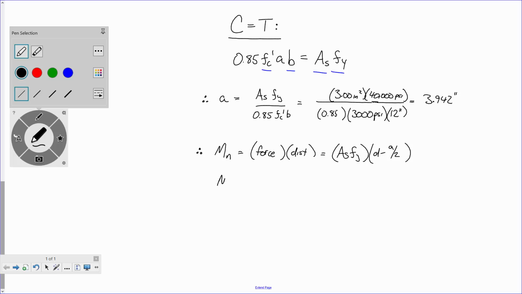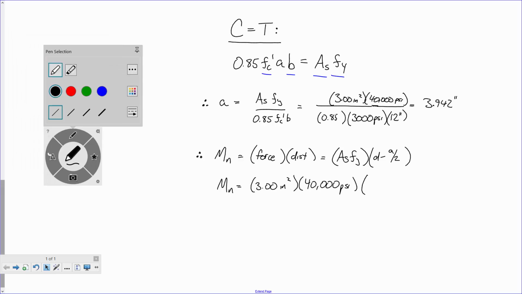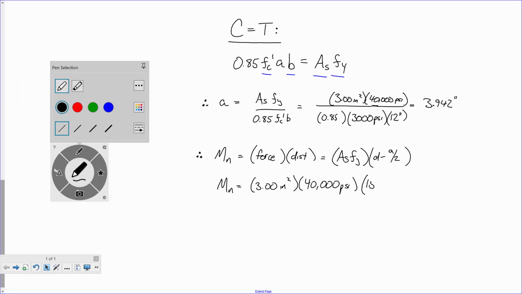So plug and chug, you get A s f y, that is 3.00 inches squared times 40,000 PSI times D. What's D for this beam? 15 inches. Remember, it's from the top of the beam to where the rebar is, minus A over 2.